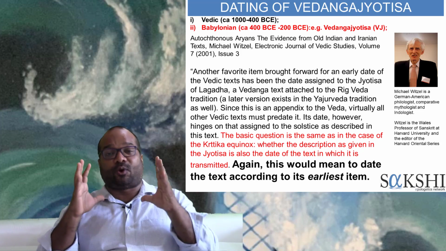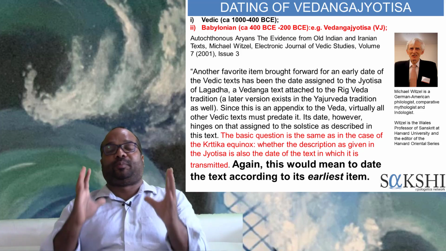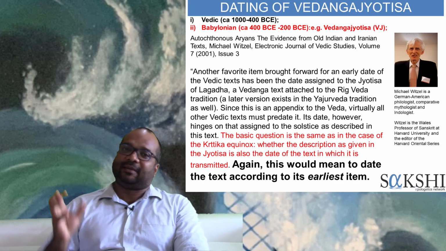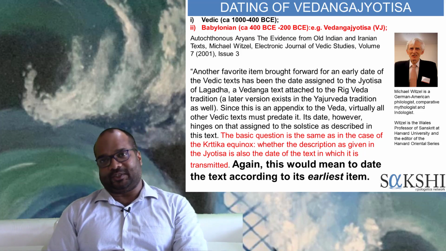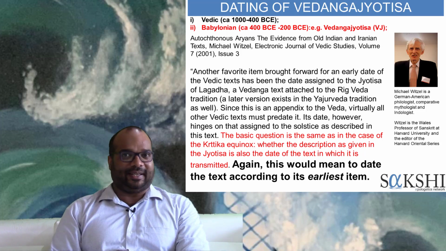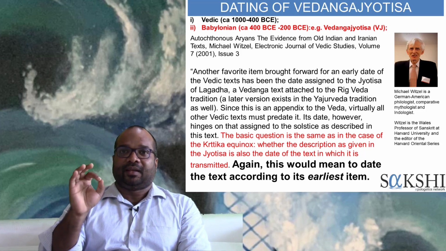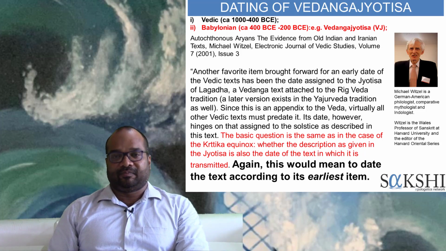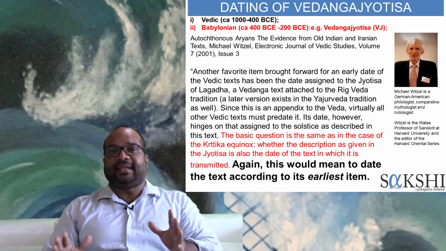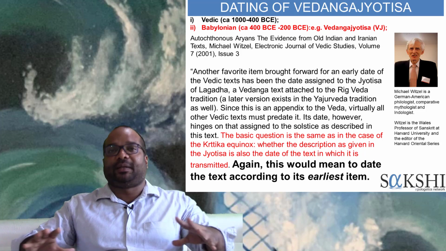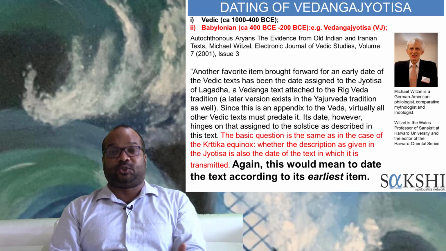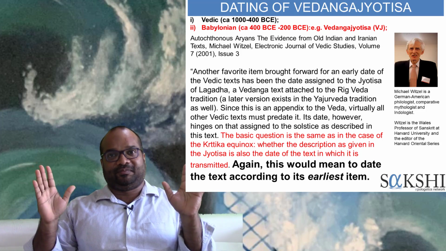But the Hindutva scholars would always want their books to be dated according to the earliest item mentioned in the book, and they would argue the same for the Vedanga Jyotisha. Now that is special pleading. The Hindutva scholars have mastered the art of special pleading. For everything in the world, they want it to be treated separately from all the others, and their arguments, however foolish, should be taken into consideration.